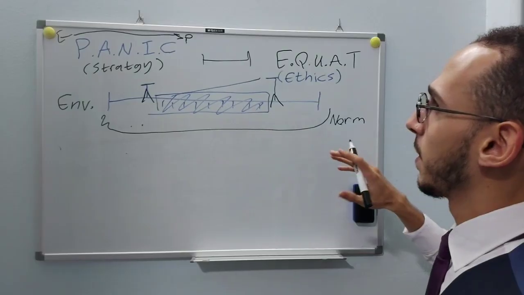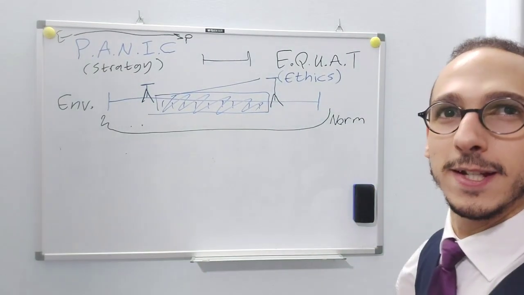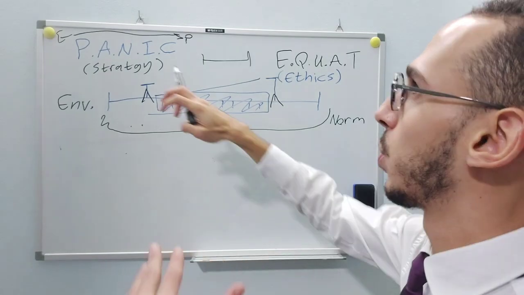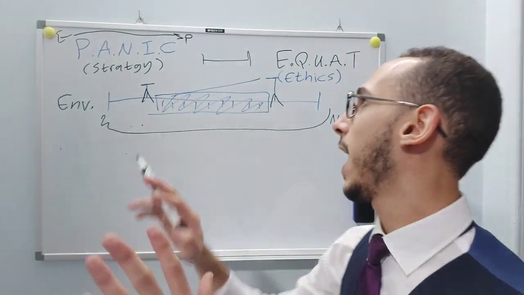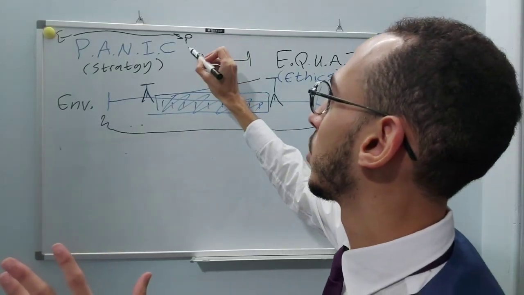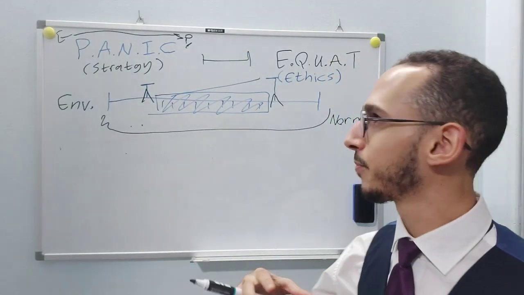Now, there isn't much going on in the normalization phase. It's kind of a bridge between what has been established in your environment and making it internalized within your psyche, within your heart.